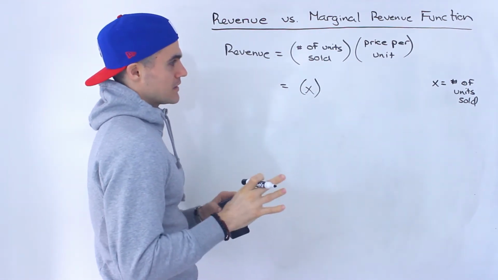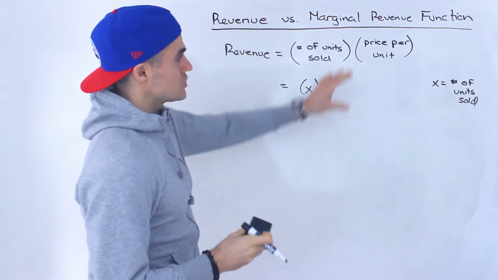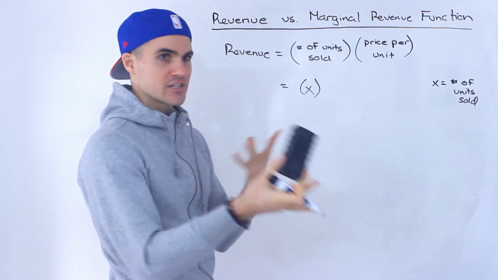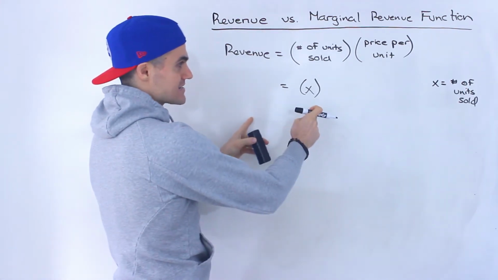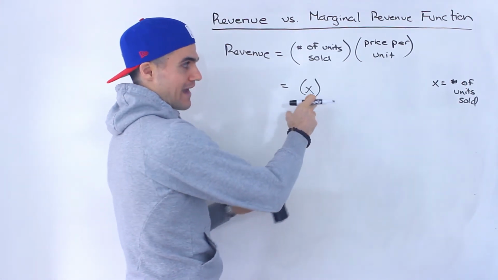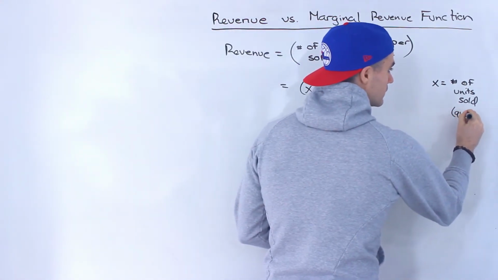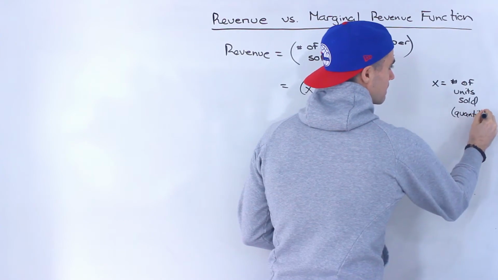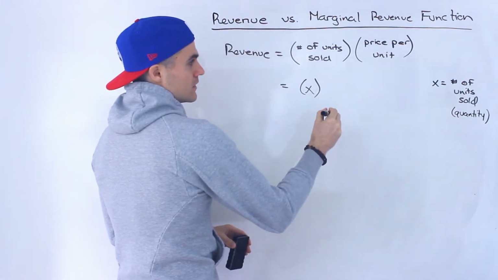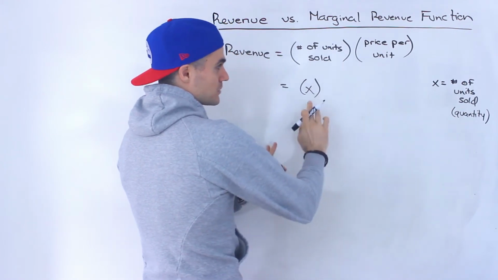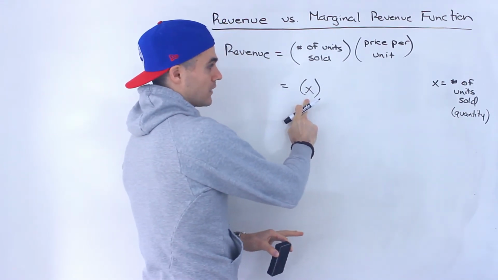Now, what happens in the real world is usually this price per unit doesn't stay constant. It actually changes, and it has a relationship with x, with the number of units sold. Sometimes you'll see this called the quantity as well. So this is going to be variable, and it has a relationship with the quantity.